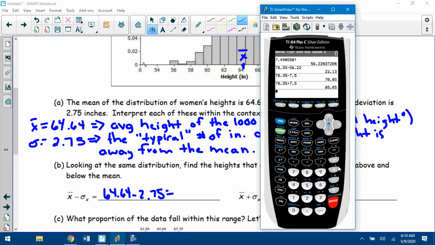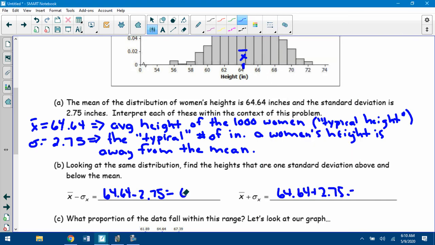I can do that on my calculator. 64.64 minus 2.75 is a height of 61.89, and 64.64 plus 2.75 is 67.39. So 61.89 and 67.39.